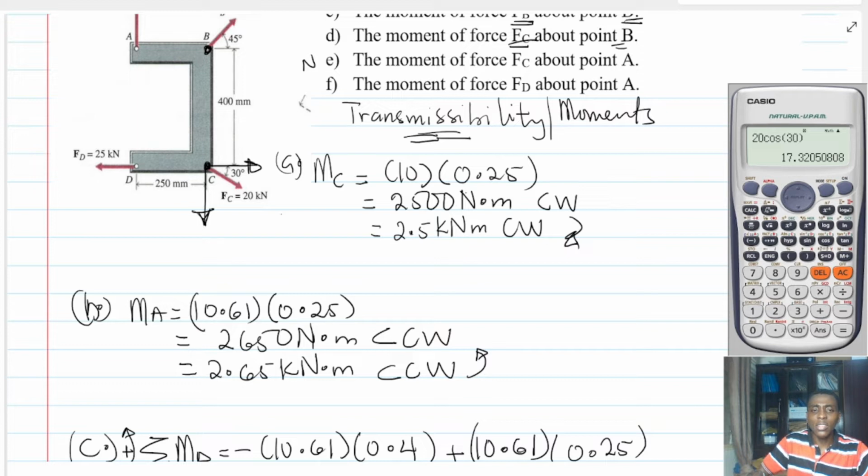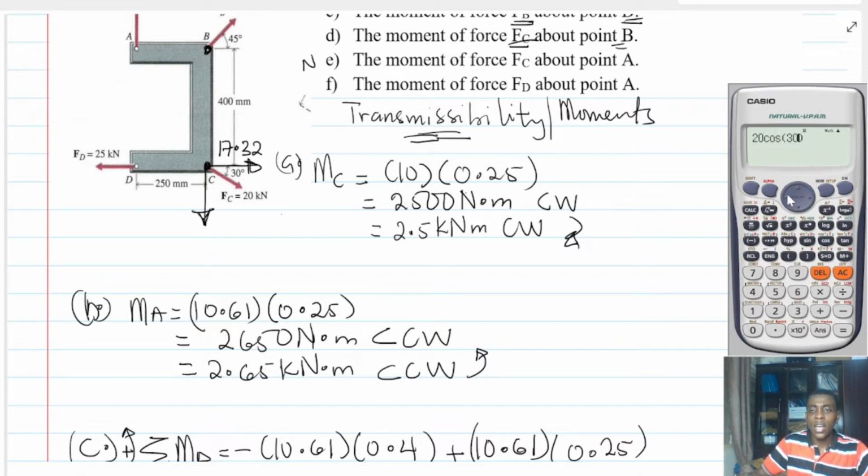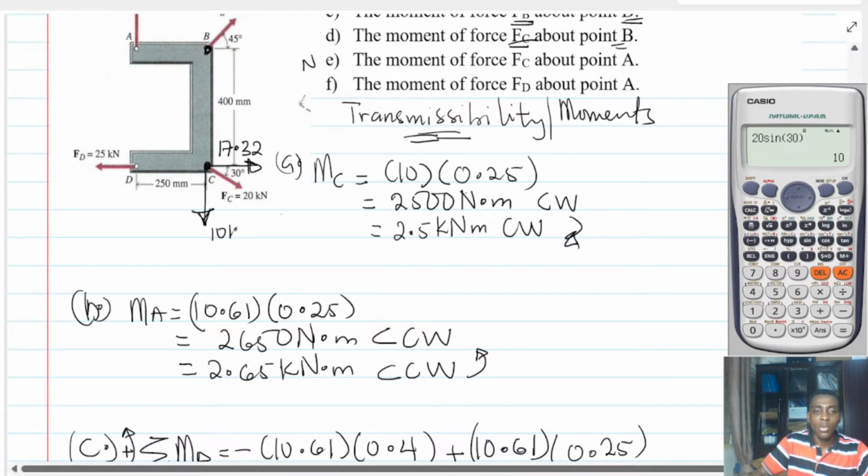In fact, 20 cosine 30 is 17.32. So it means this is what? 17.32. Is that right? And then this one is going to be 20 sine 30, which is 10. Okay. So this is 10 kilonewton, 17.32 kilonewton.